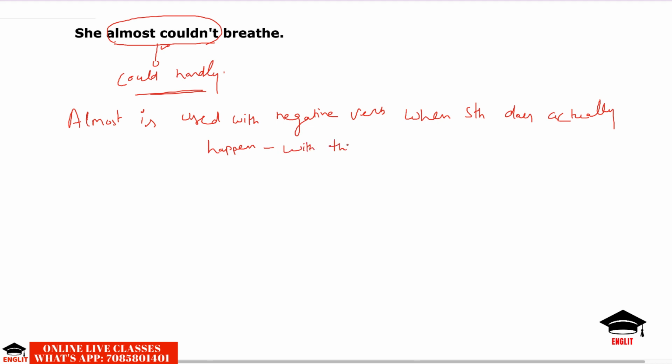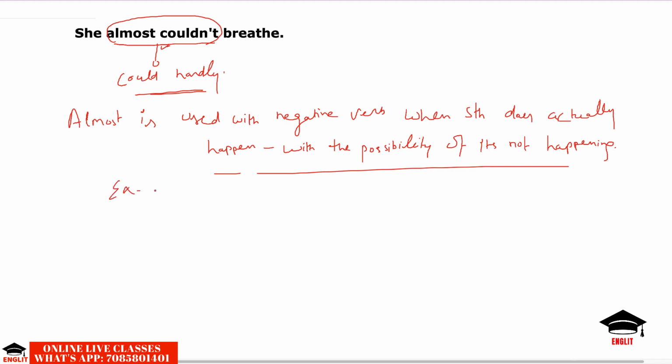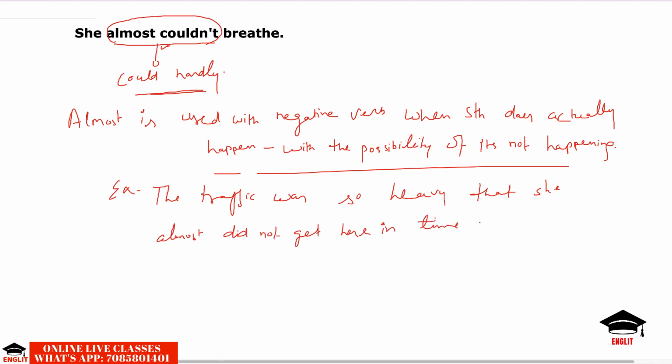Example, the traffic was so heavy that she almost did not get here in time. So the traffic was heavy and there was no possibility of her coming on time. However, she managed. So in this situation we use almost.